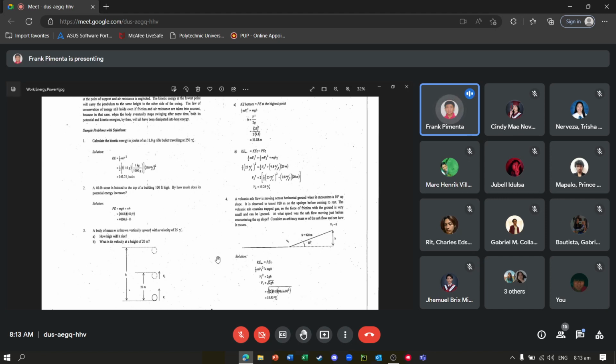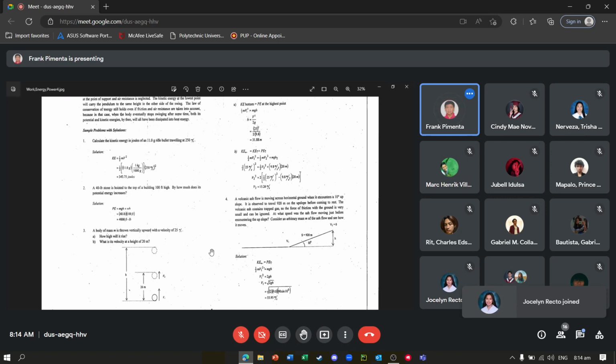Kinetic energy K is 1/2 mv squared. Those are the formulas we covered in work, energy, and power. You may also add W, the work, equal to F times S. We put the basic equations or formulas.